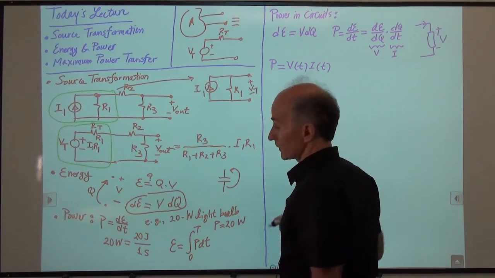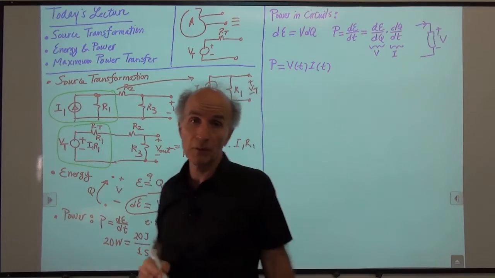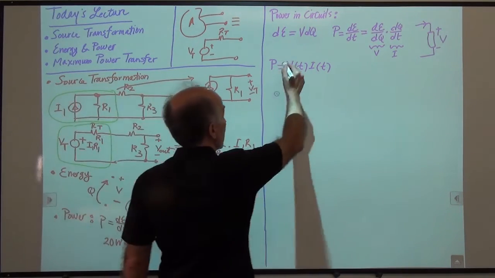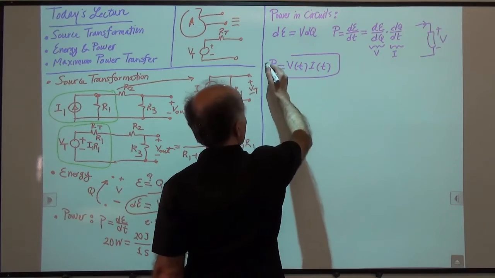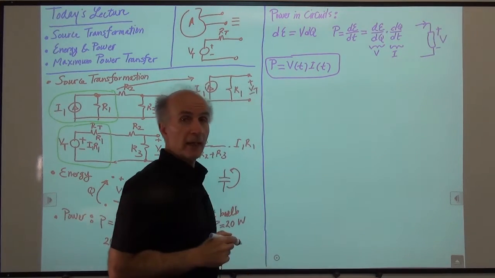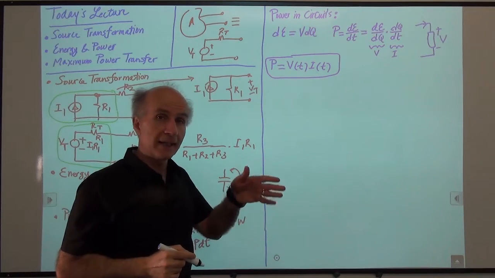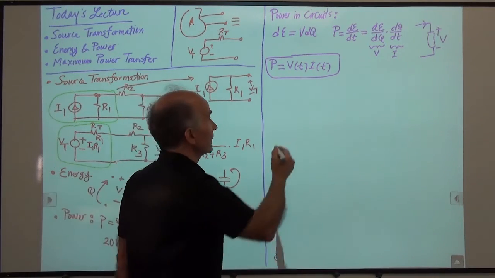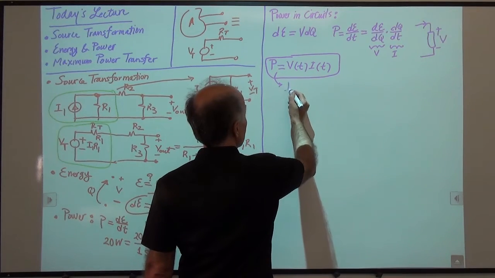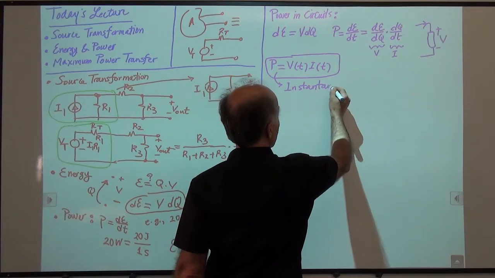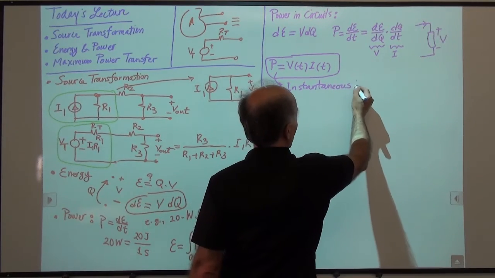Both of these are functions of time in general, right? It could be that they're constant or not. So this equation is always valid, regardless of what we are looking for. And to emphasize that it's a function of time, sometimes we call this the instantaneous power.